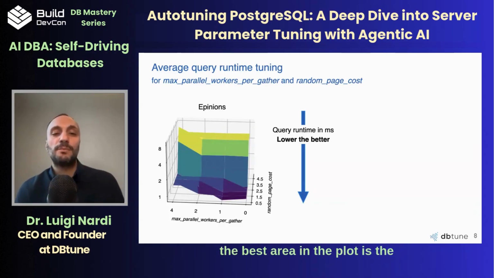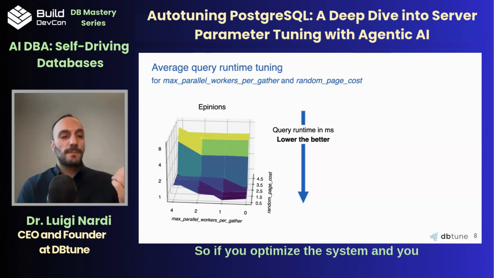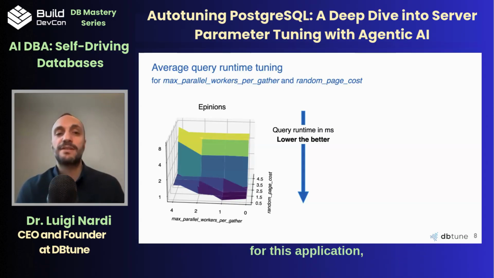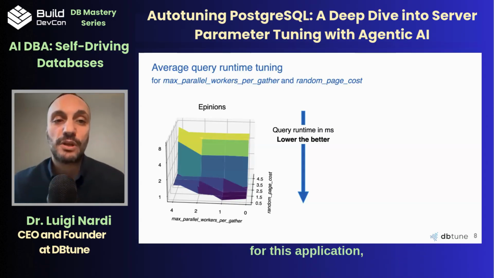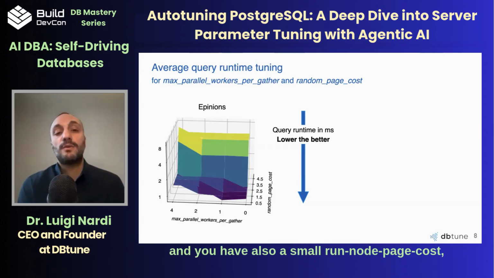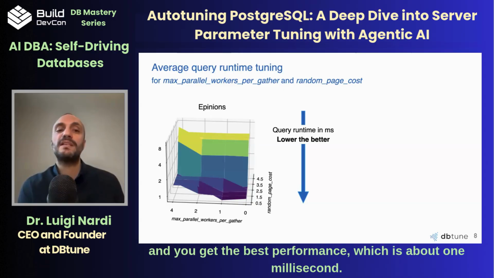If you look, for example, the best area in the plot is the dark blue area, which is the bottom right corner. And the worst area is the yellow area. So if you optimize the system and you get a small max parallel workers per gather for this application, opinions, which is a product review type of application, and you have also a small random page cost, this is the best solution for this application, and you get the best performance, which is about 1 millisecond.